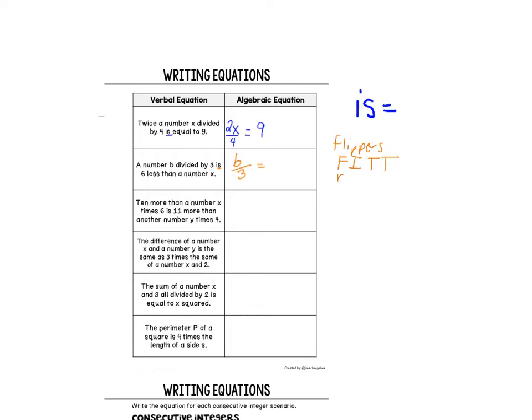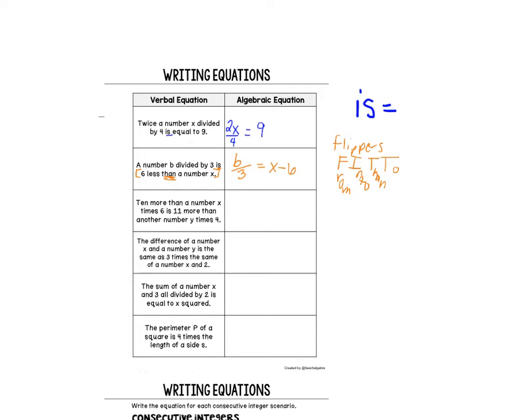So the F is from, I is into, T is than, and T is to. Well, we've got one of those flippers in our verbal equation. So that means this part of the equation, after the "is," is going to be flipped around. 6 less than a number x means it's going to be x minus 6. Remember these flippers: from, into, than, to.